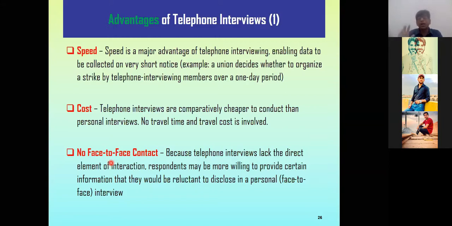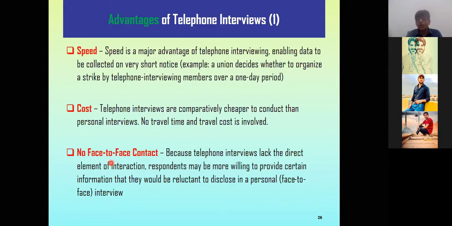For example, I'm giving you the example of the Global Entrepreneurship Monitor. It's a very big organization collecting data regarding the status of entrepreneurship in more than 100, I think about 150, countries. They conduct the interviews with the help of the telephone, then convert the data and provide it free of cost to the general public.